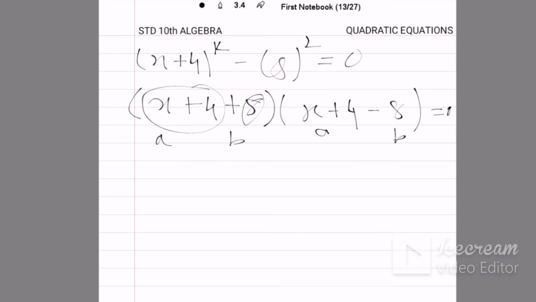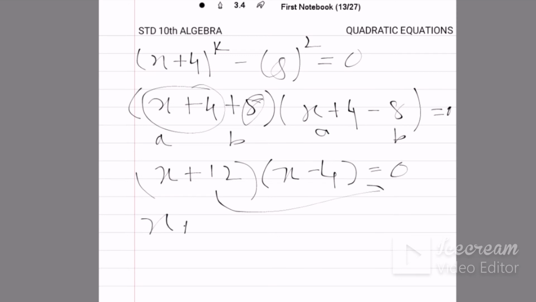Now x, 4 plus 8 is plus 12, and x, 4 minus 8 is minus 4, is equal to 0. Now as we saw in the factorization method, we can equate either of these terms to 0. So x plus 12 is equal to 0, or x minus 4 is equal to 0, right?